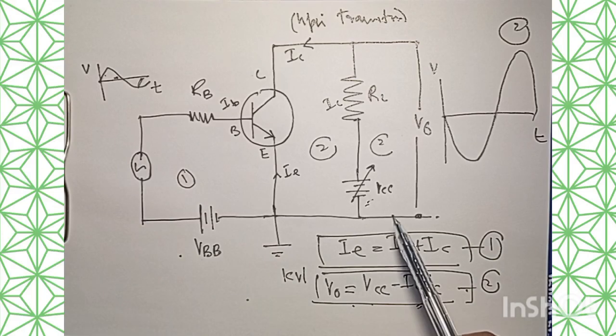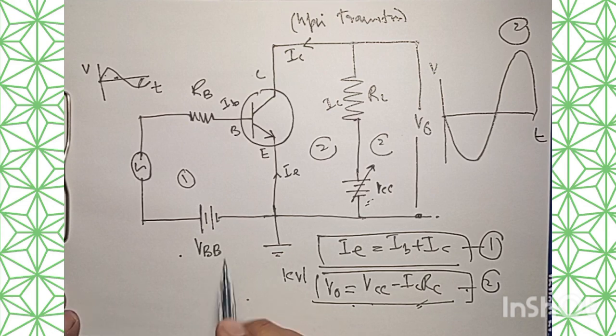So in the common emitter configuration of a transistor, here an NPN transistor, the polarity of the input signal changes. There is a phase difference between the output signal and the input signal. At the same time, the amplitude of the signal increases.